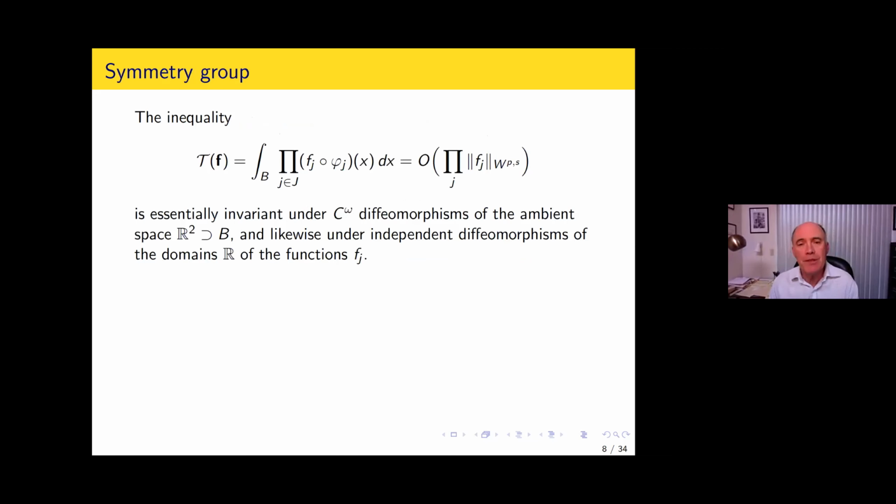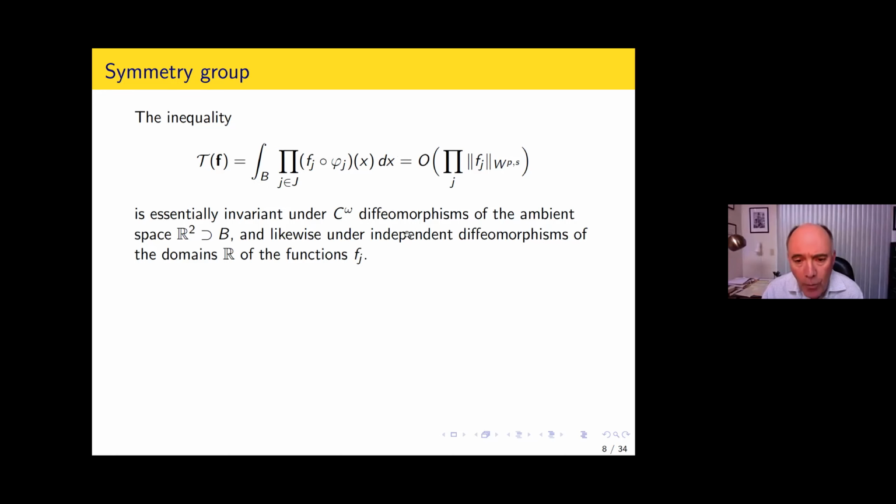This kind of inequality has a sort of symmetry. The inequality that we're interested in is essentially invariant under changes of variables. You can make an arbitrary real analytic change of variables in the variable of integration x, which in this case is in R2.